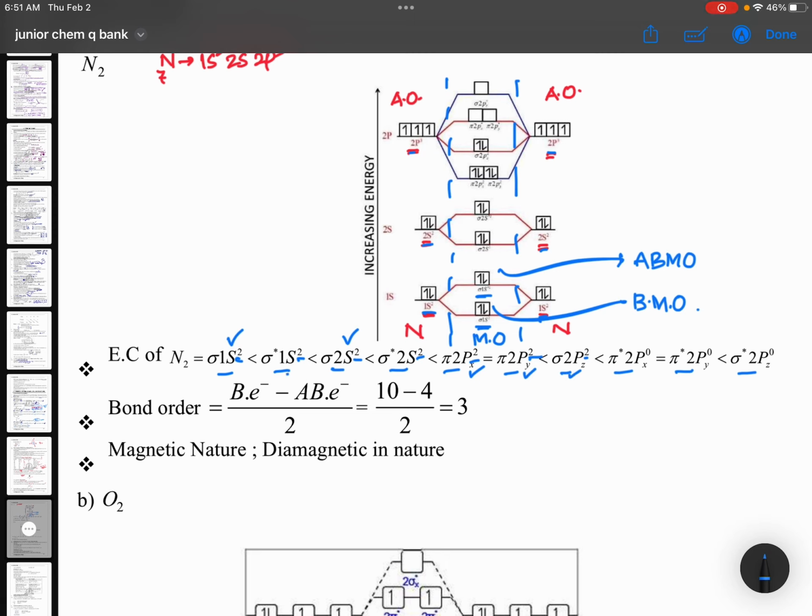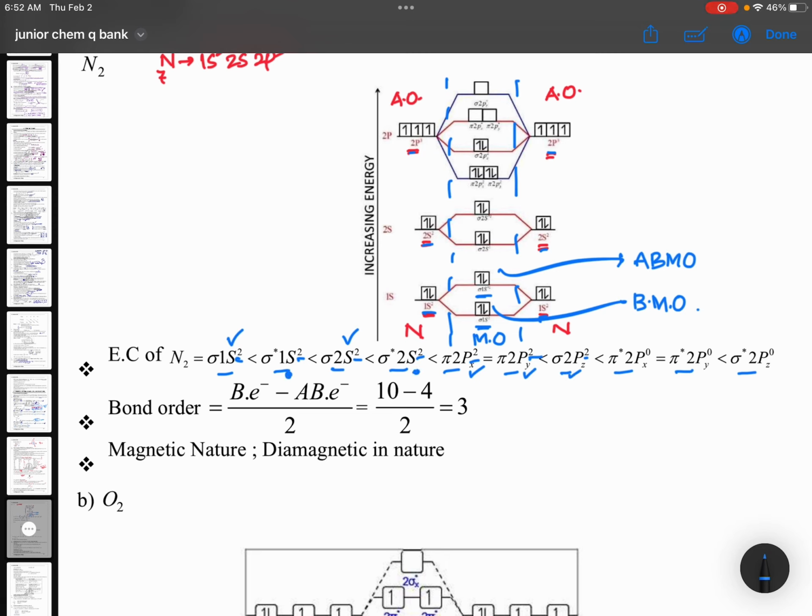Minus anti-bonding, this one and this one, 4, by 2. Bond order is equal to number of bonding electrons minus number of anti-bonding electrons, by 2. That is nothing but 3. 3 means nitrogen contains a triple bond. And there are no unpaired electrons, so it is diamagnetic.